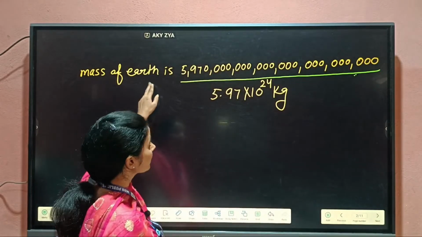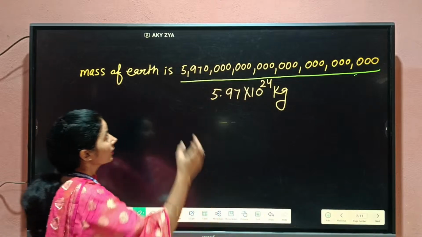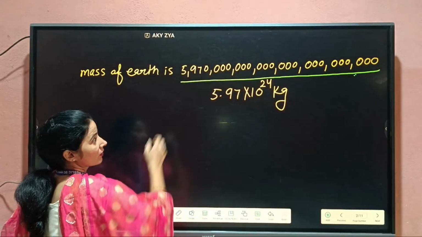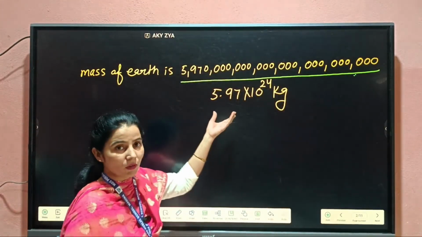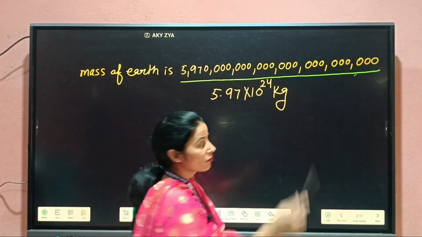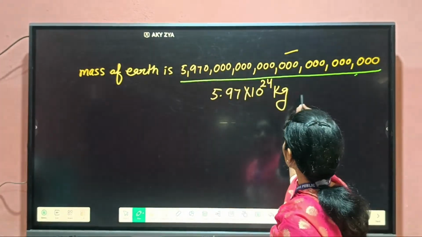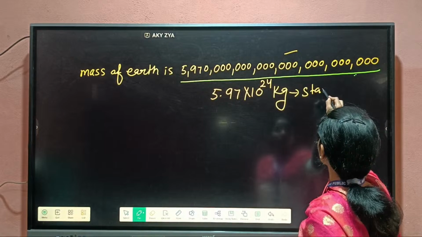Like mass of Earth, I have represented in short form. That is exponential form. This is called standard form of this number, mass of Earth.